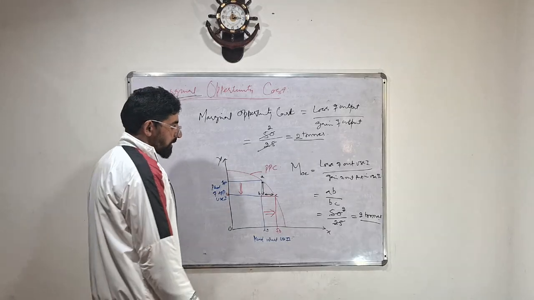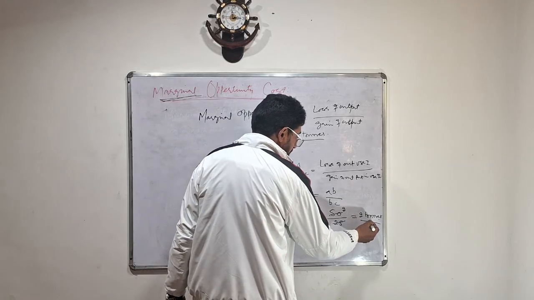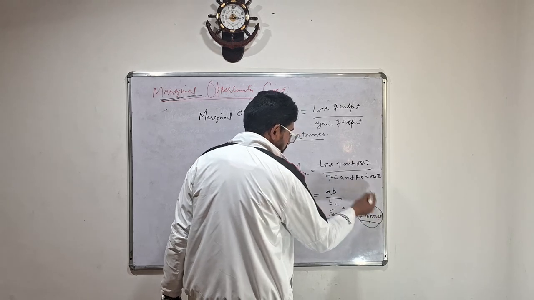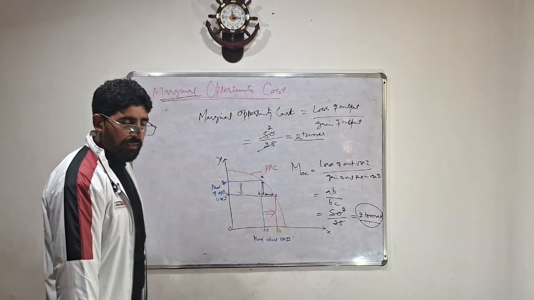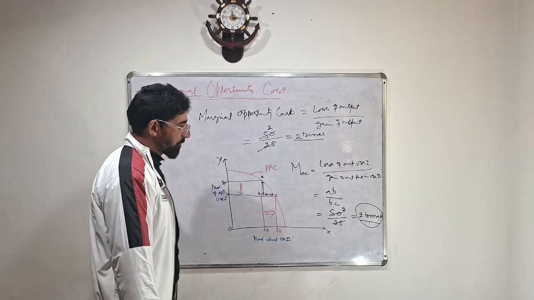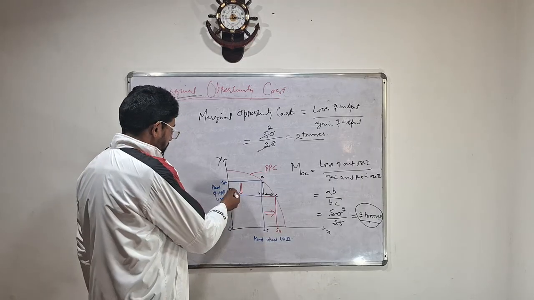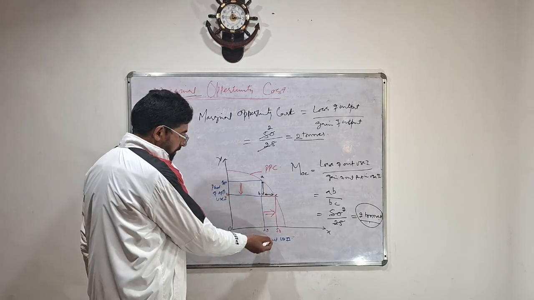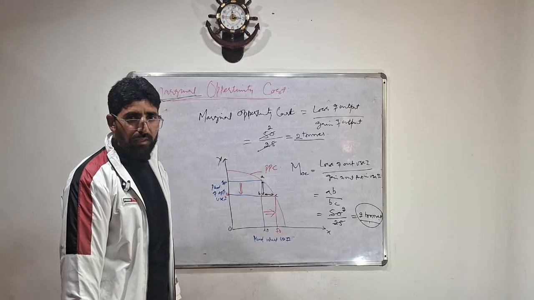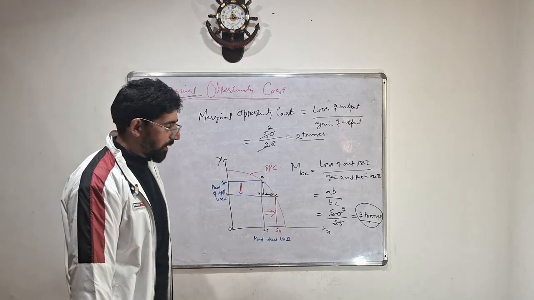That means the marginal opportunity cost is 2 tons. Definitely it involves cost.